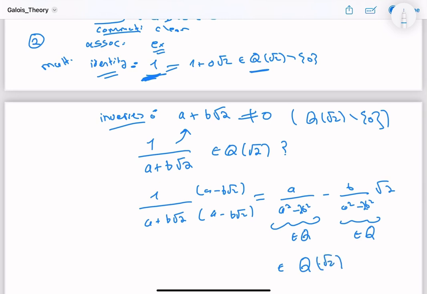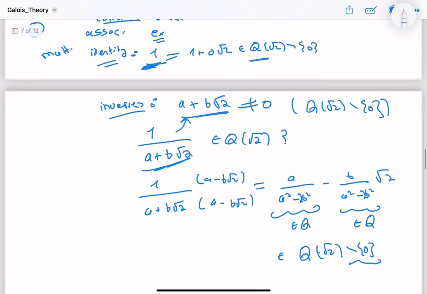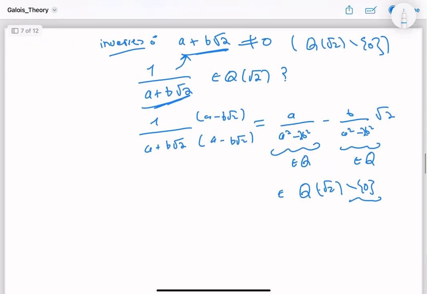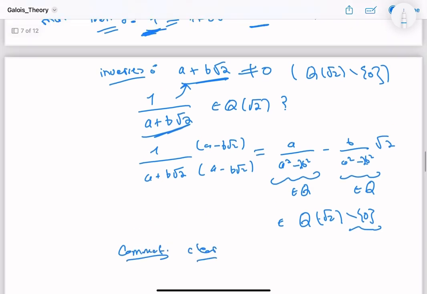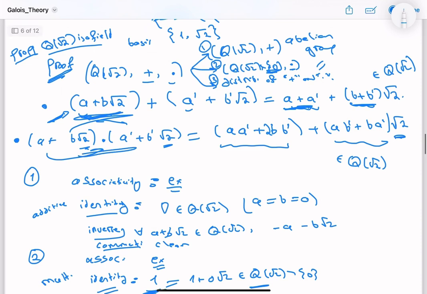take away 0. And it's not going to be 0, obviously, because if this is not 0, there is no way this can be 0, right? So inverses do exist in this group too, and commutativity is also obvious from the way we're defining this multiplication of two elements.